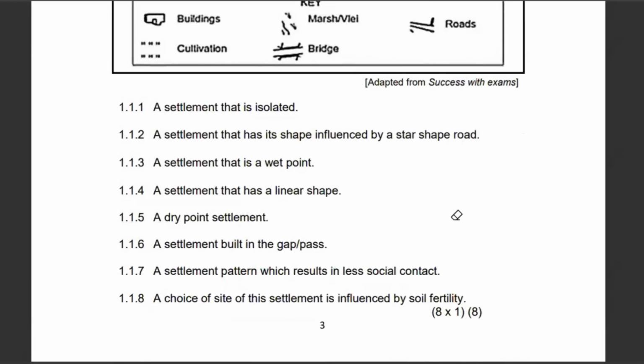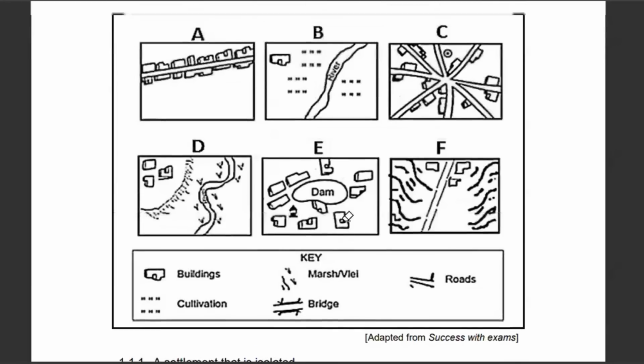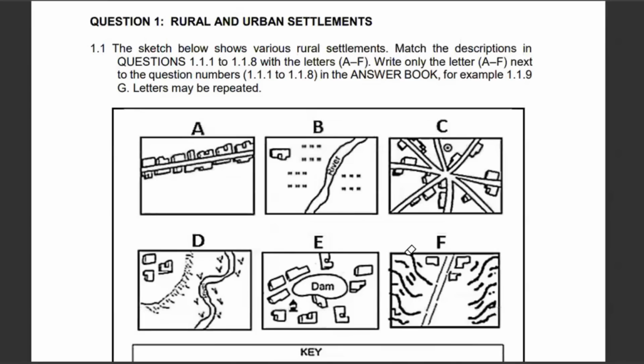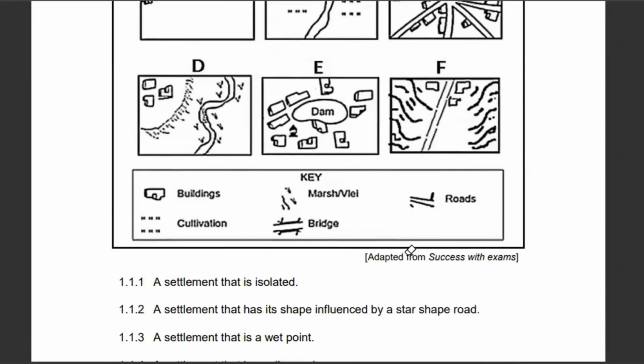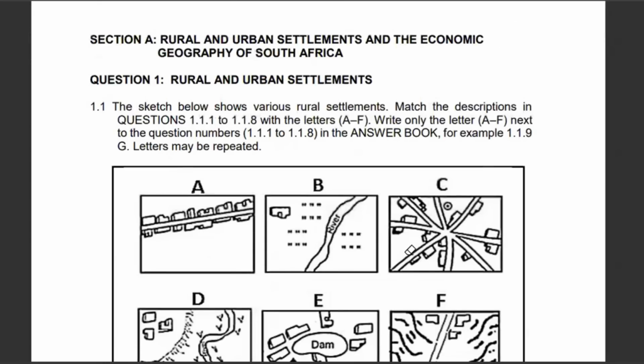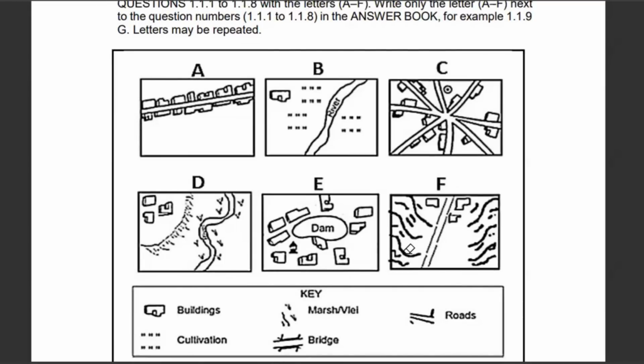Our first question is saying a settlement that is isolated. An isolated settlement, right, if we check here, we see that when we have a situation of isolation, the buildings must be further away from others. They must be far away from others.